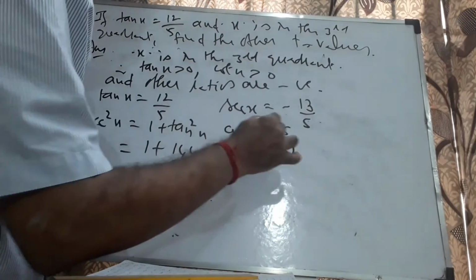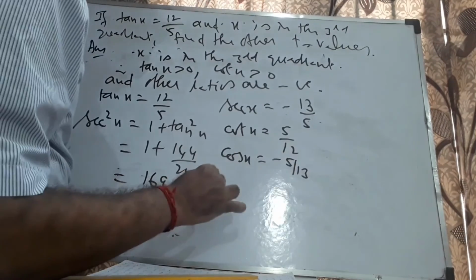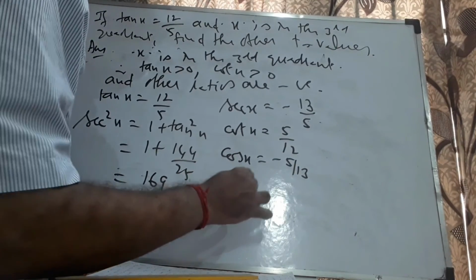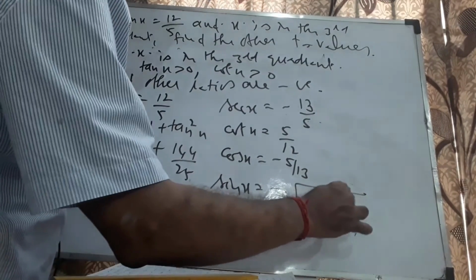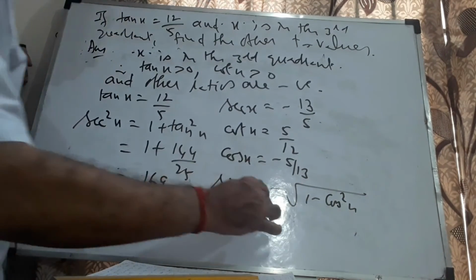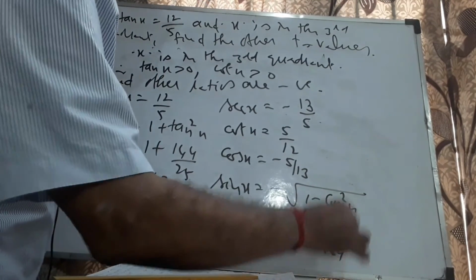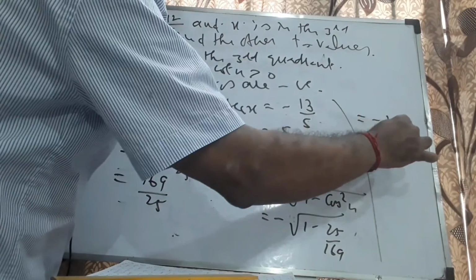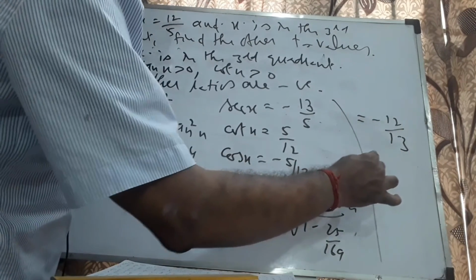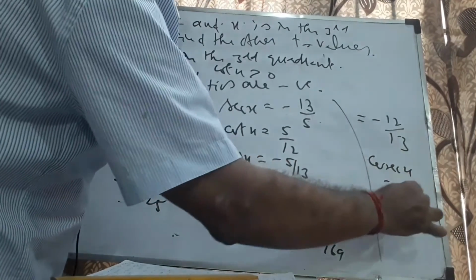Cos x is the reciprocal of secant, which is minus 5 by 13. Then sin x I can do in two different ways: minus root of 1 minus cos square x, which is minus root of 1 minus 25 by 169 after taking LCM, which will become minus 12 by 13, and from which I will get cosecant x as minus 13 by 12.